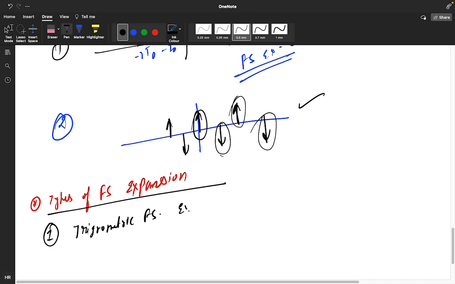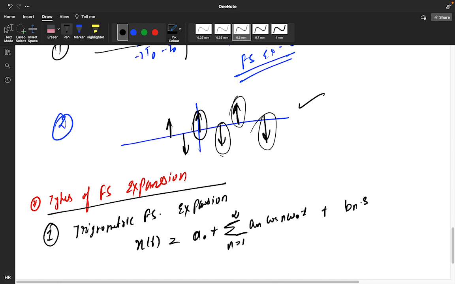So x of t can be expressed as a naught plus summation n equals 1 to infinity of an cos n omega naught t plus bn sin n omega naught t.